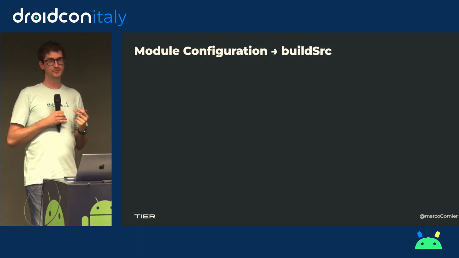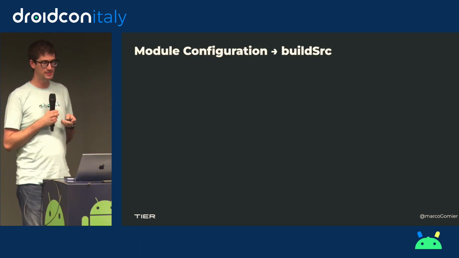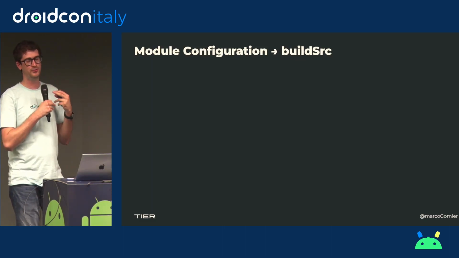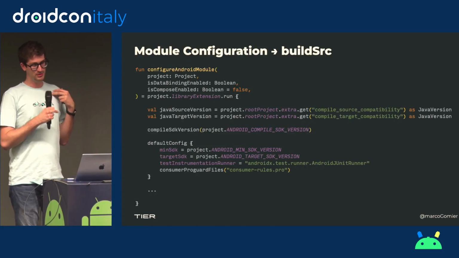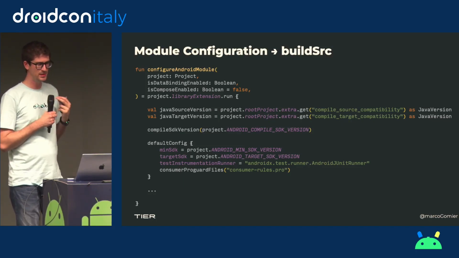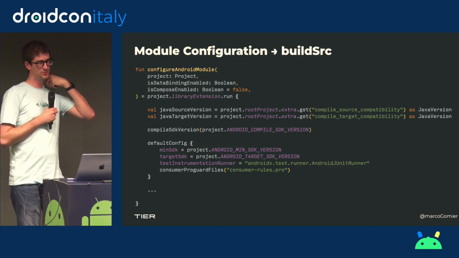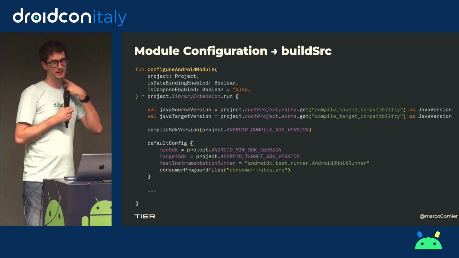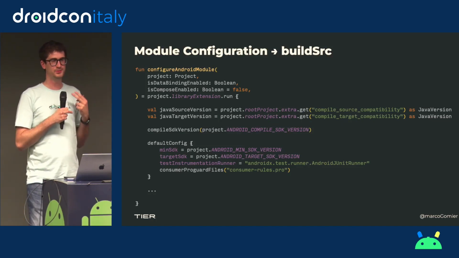All right, another thing for having a better Gradle setup for a multi-module project is having a single definition for min SDK, compile SDK, stuff like that. So again, if you need to update, you don't have to go all around the places. And in our specific case, for historical reasons, we had the buildSrc folder set up, so we put that in place.